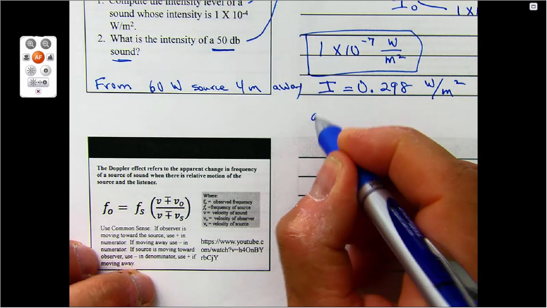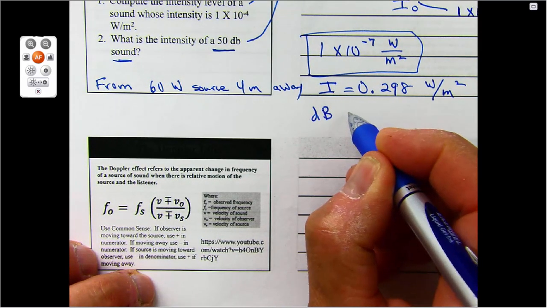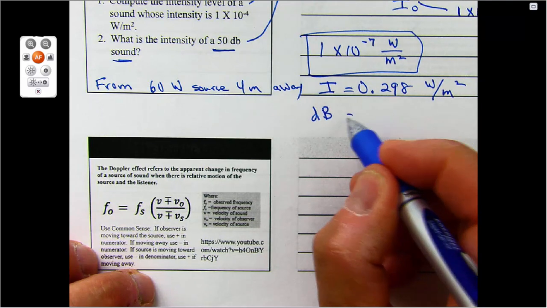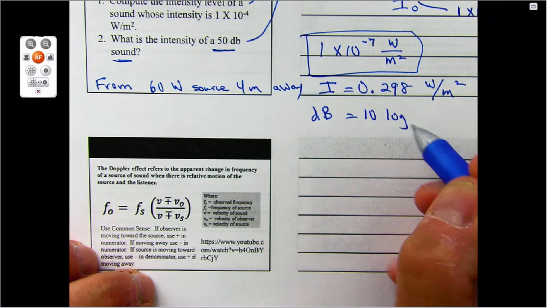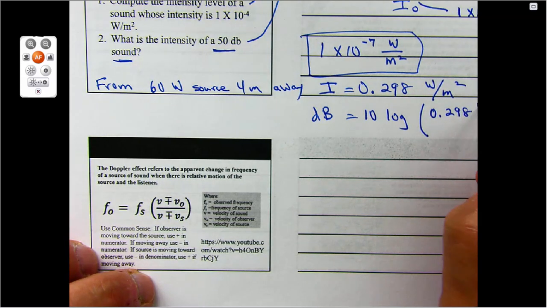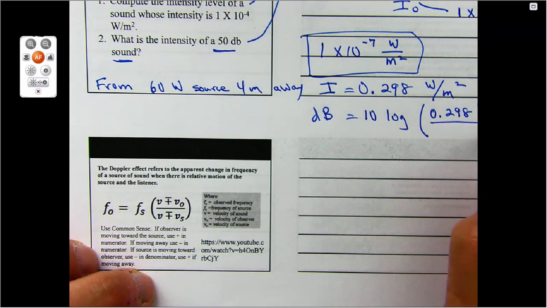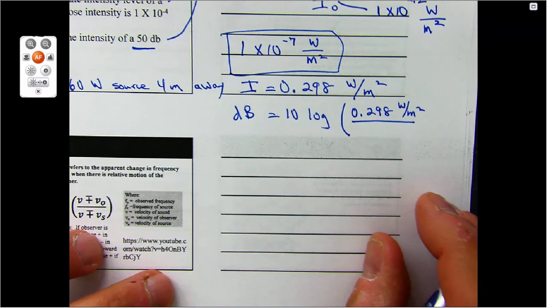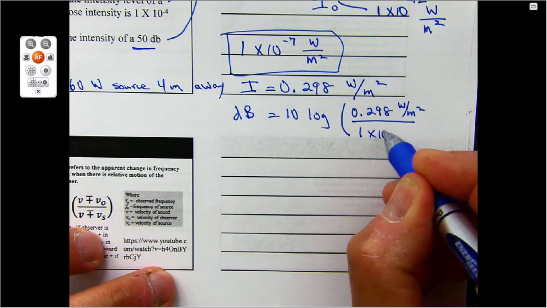So my decibels that I'm going to get, that's my intensity over my threshold again, 1 times 10 to the minus 12.